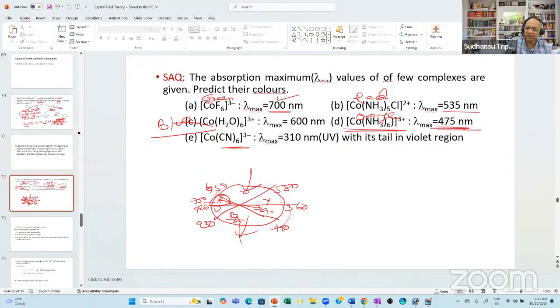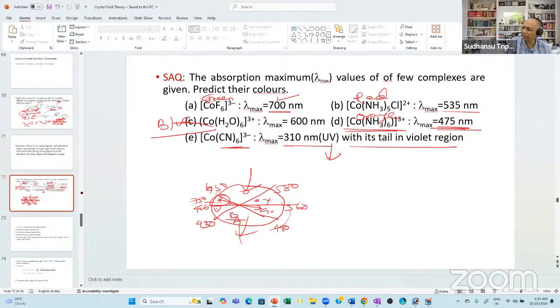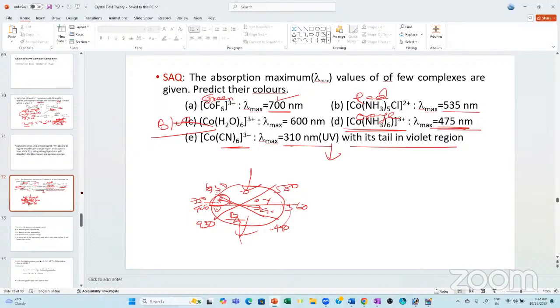Anyway, it is given 310 nanometer, which is in the UV region, but the tail is extending to the violet region. So if some part of the tail is in the violet region, what is the complementary color of violet? Light yellow. Yes, precisely, light.